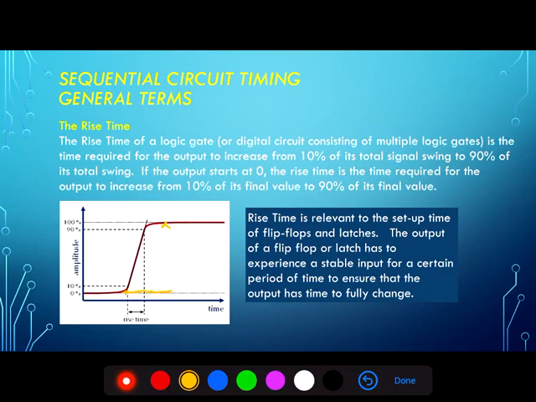So if we look at this particular signal that's rising over time, the total signal swing, which we'll call delta, the 10% point is just the initial value, let's call it signal initial, plus 10% of that delta value, or the total range. That time associated with this value we can call T1.